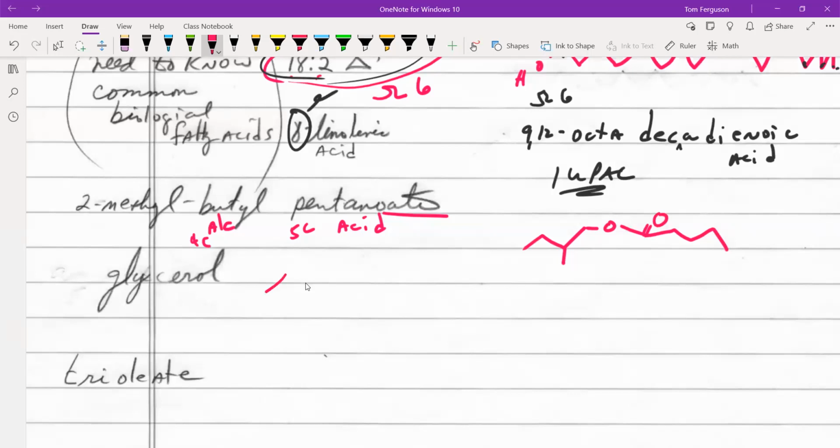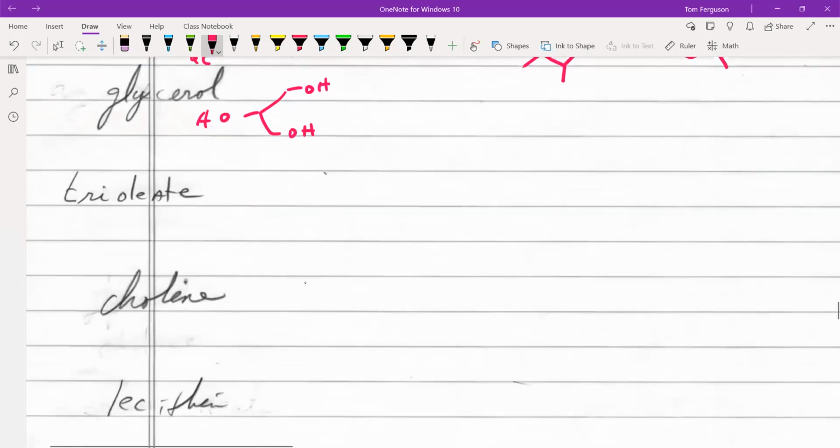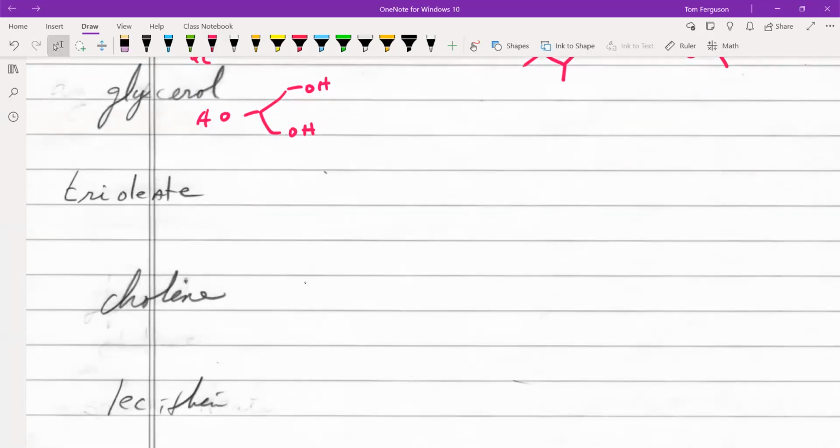Glycerol, we've already talked about that. 3-carbon backbone and 3 hydroxyl groups. Trioleate. Okay, this is a fancy name for a triglyceride, and it is an ester. So we'd have 3 oleic acids on a glycerol backbone.